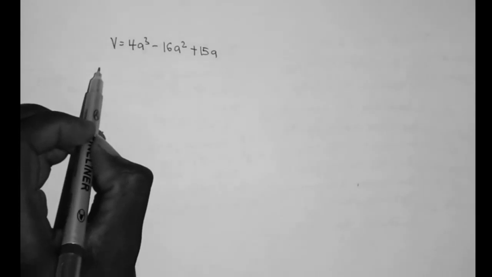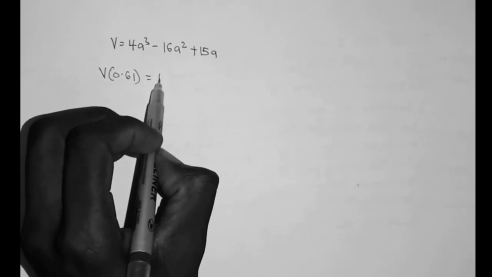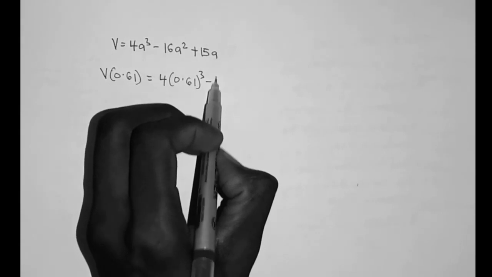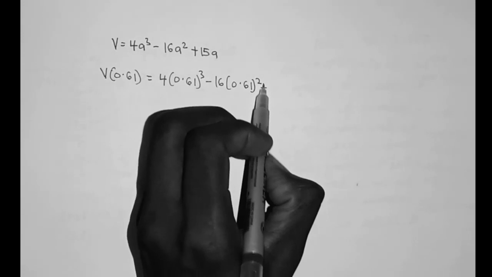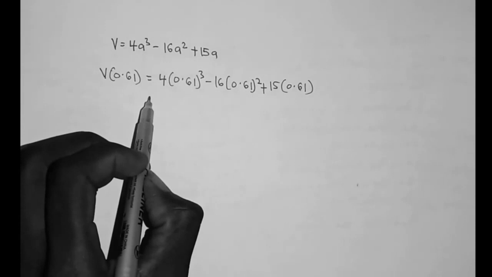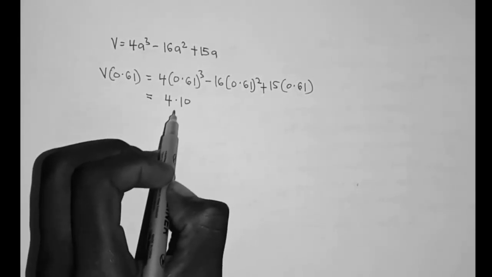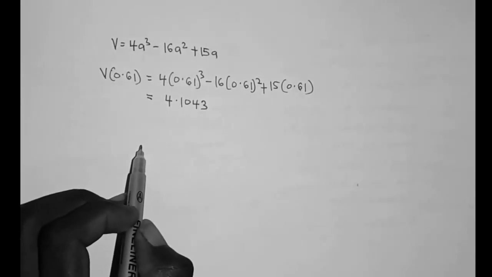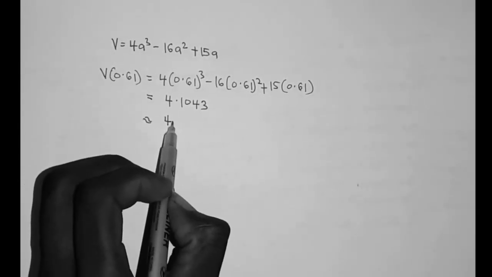We are finding V of 0.61, and this is equal to 4 times 0.61 cubed minus 16 times 0.61 squared plus 15 times 0.61. And this is equal to 4.1043. But the question says that we should find it correct to the nearest whole number. So this is equal to 4 meters cubed.